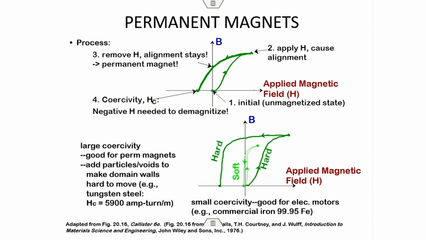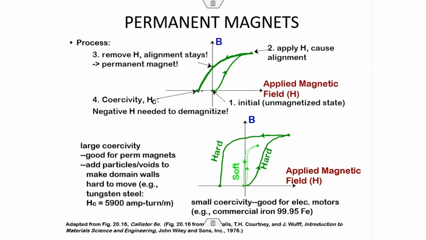And if you keep on decreasing the magnetic field further, at a certain negative value, some negative H is needed to demagnetize the material.